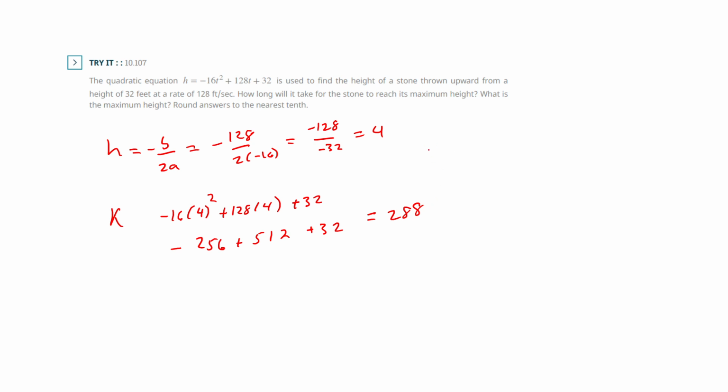So what does this vertex mean? It means it's the maximum. This is the maximum height. So 4 is the time. So the time it takes to reach the maximum height is 4 seconds. The maximum height is 288 feet.